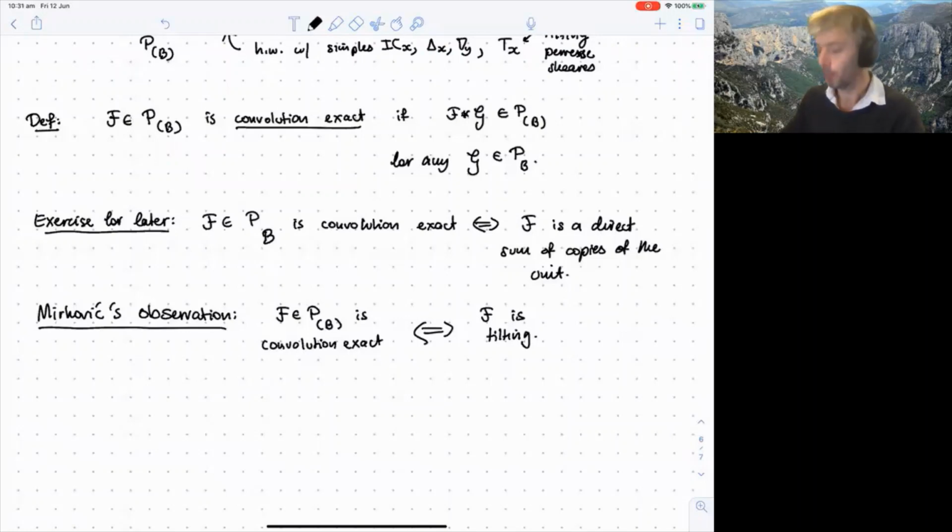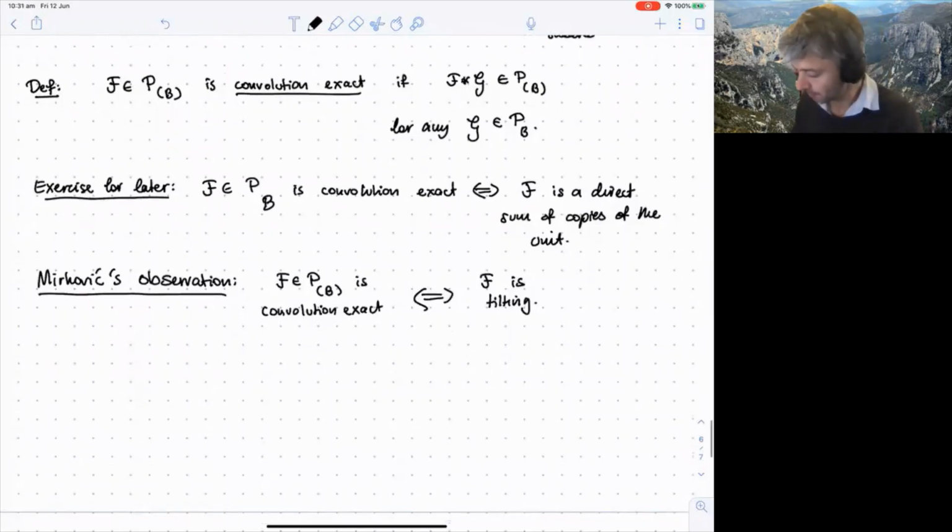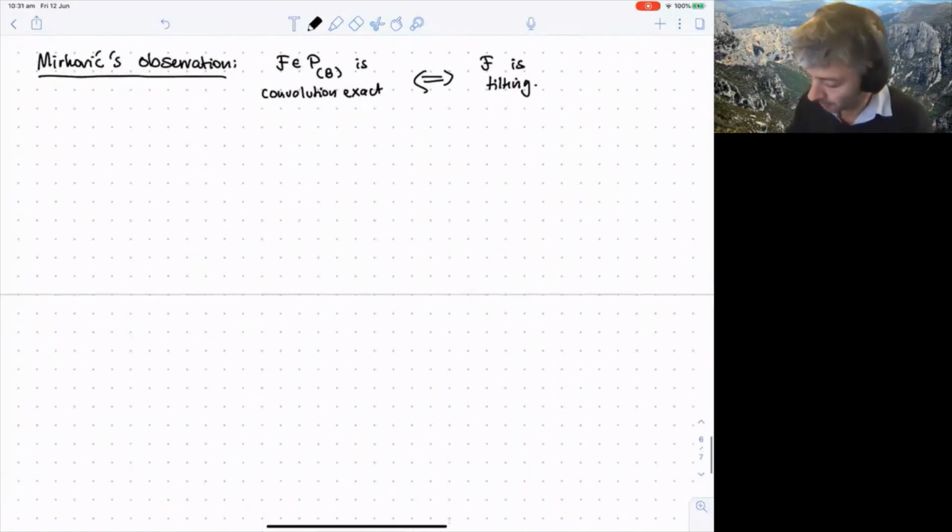So let's prove Mirković's observation. I first want to prove this direction: if it's convolution exact, then F is tilting. This is the tricky direction, because for the other direction we know a lot about tilting, so you can check it directly.